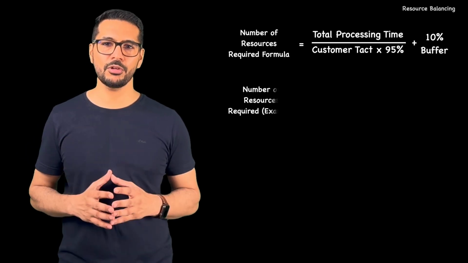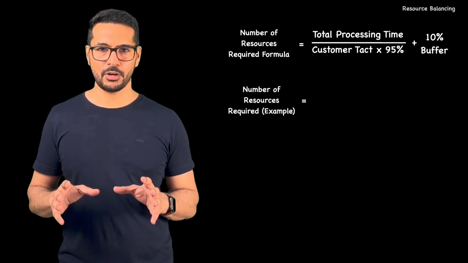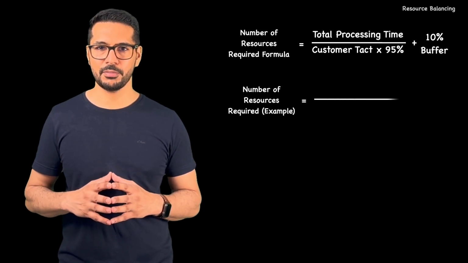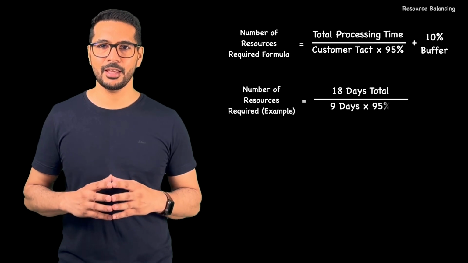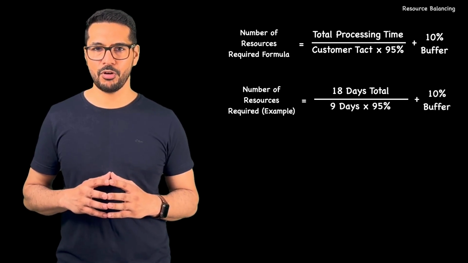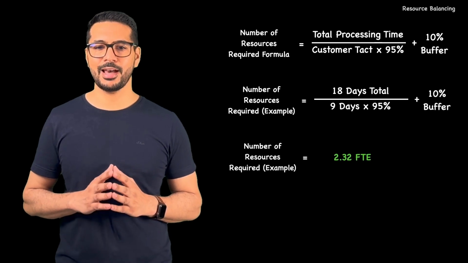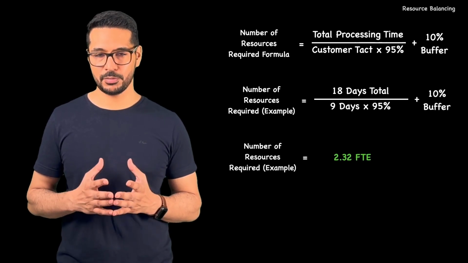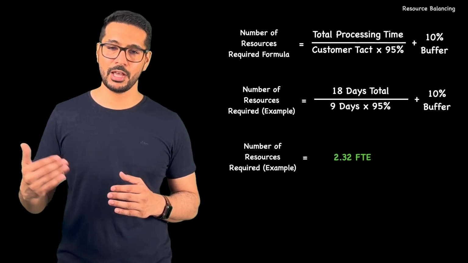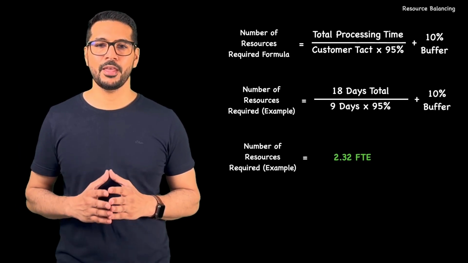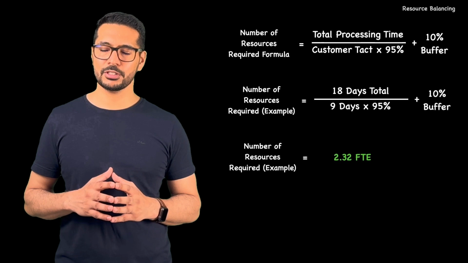So this is the formula, and filling the values in this formula from the previous example, we can divide the 18 days required to perform in this area all the tasks by 9 days of customer tact time. Every 9 days we have to deliver one task, multiplied by 95% plus 10% buffer.